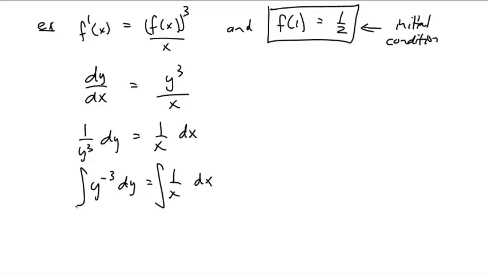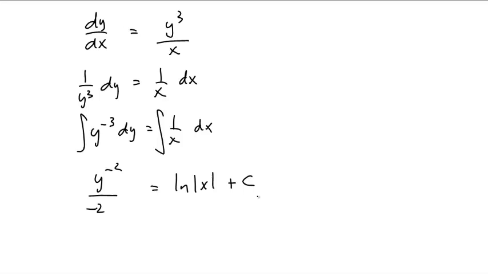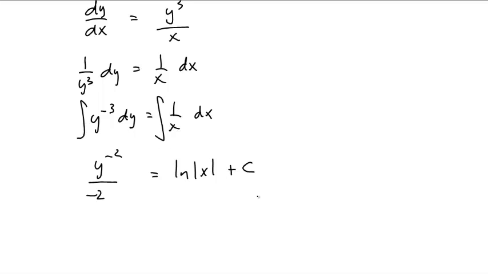And then we integrate both sides now that we have all the y's on one side and all the x's on the other. And this becomes y to the negative 2 over negative 2 plus a constant is equal to the natural log of the absolute value of x plus another constant. Minus that first constant is just a constant. Maybe move the negative 2 over.